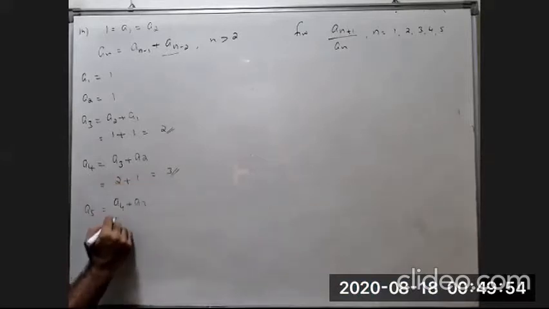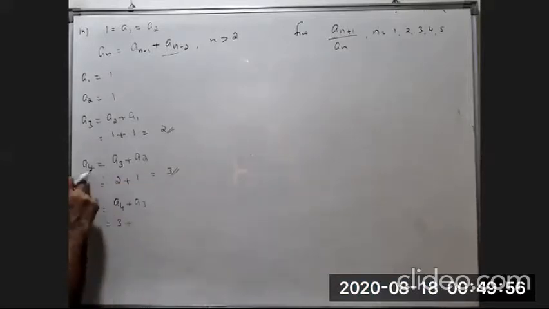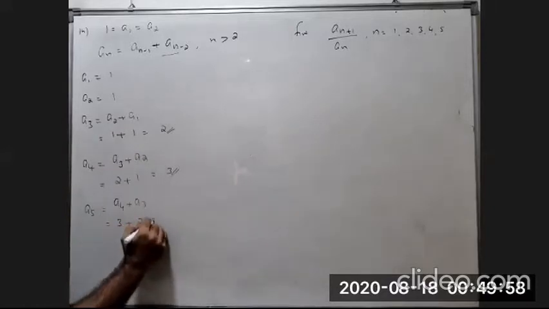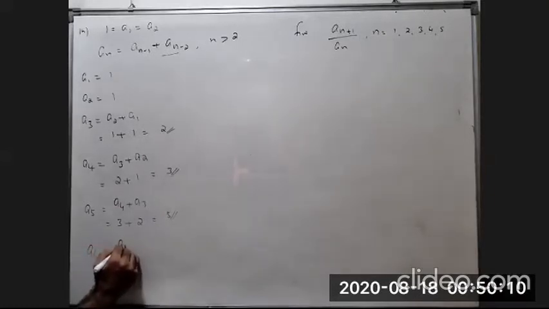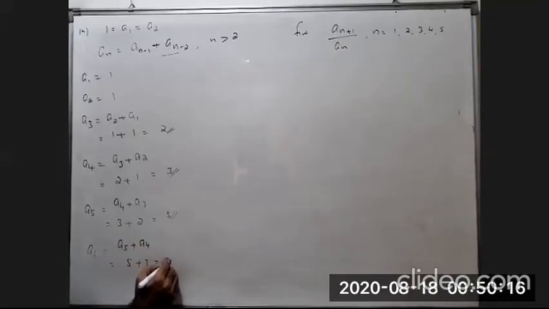What is a4? 3, a3, 2, 5. a6. What is a6? The previous two terms, a5 plus a4. 5 plus 3, 8.